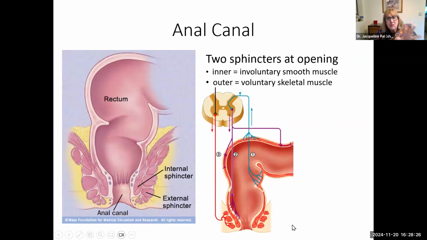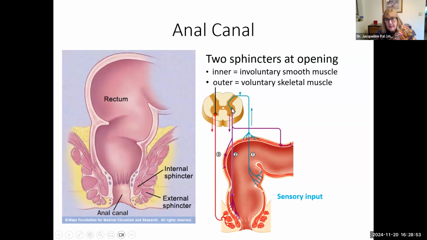So here is what happens with the innervation. Your fecal material comes down and sits here in your rectum and distends the rectum. And these blue nerve fibers, these are sensory afferent fibers sending messages up to your spinal cord saying, oh, we are being stretched here in the rectum.